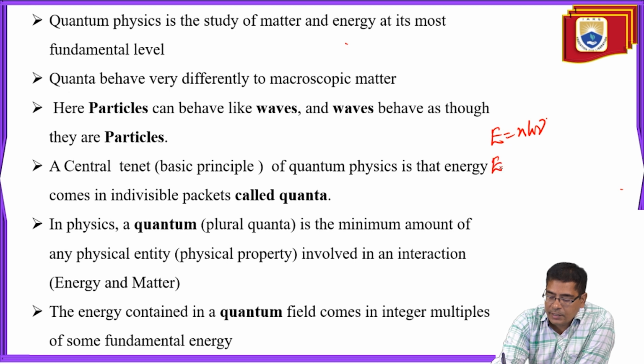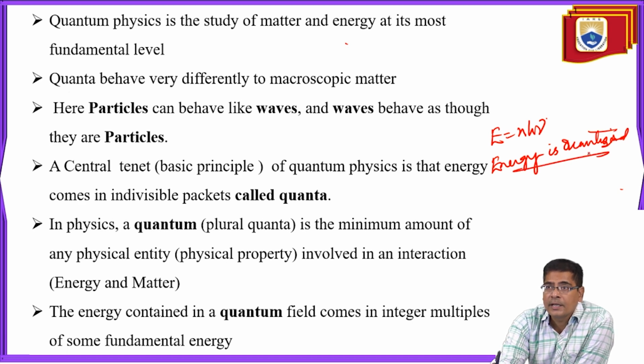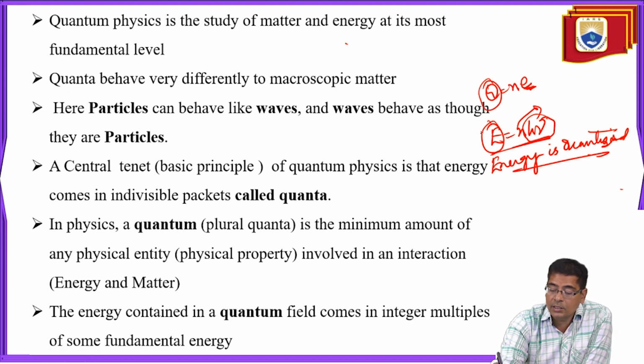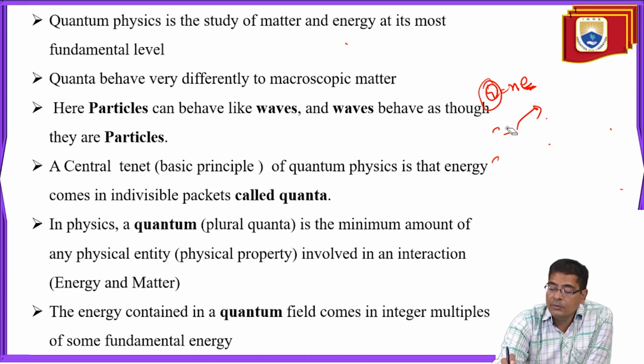So energy is quantized, where h nu is some fundamental energy and the total energy is E equals n h nu. Similarly, we explained that Q equals Ne, where e is the elementary charge and Q is the total charge. So here we say the charge is quantized, and here we say the energy is quantized.